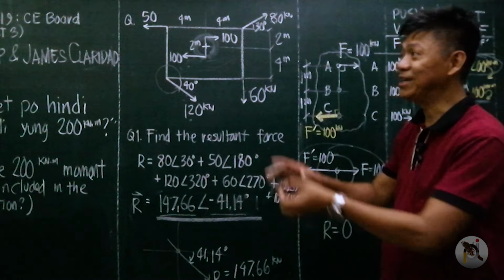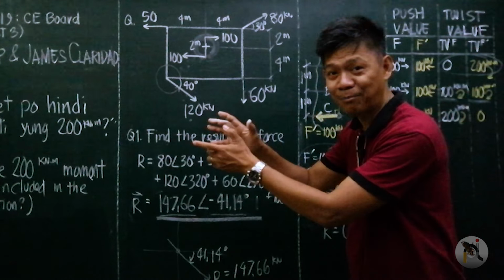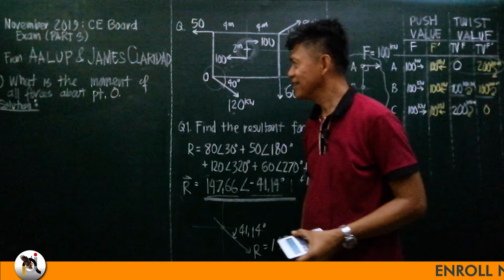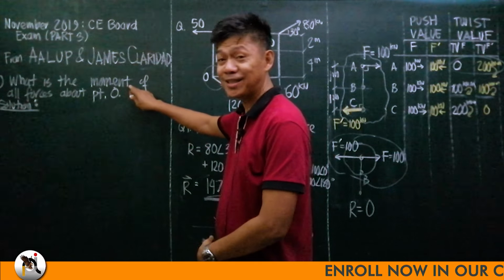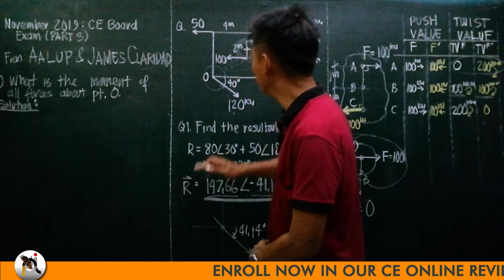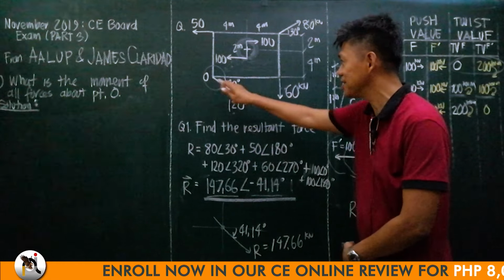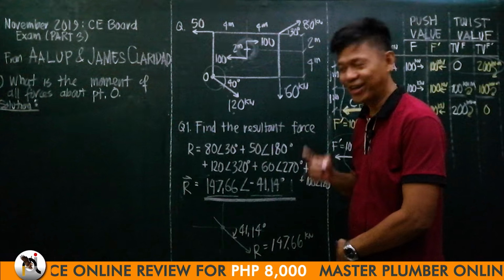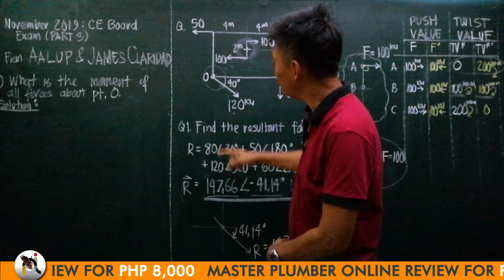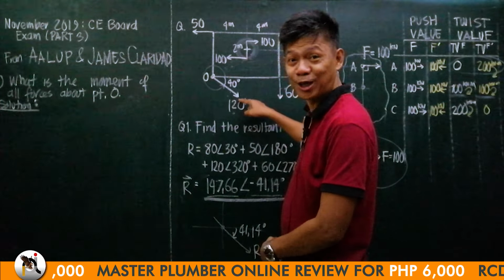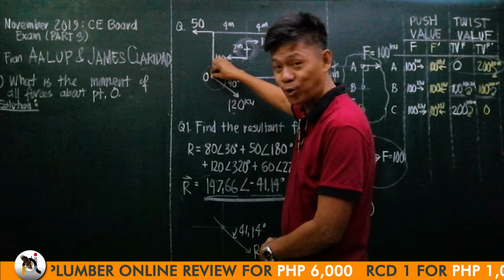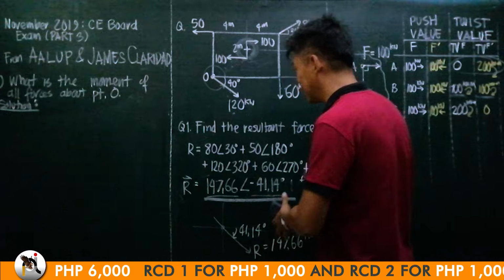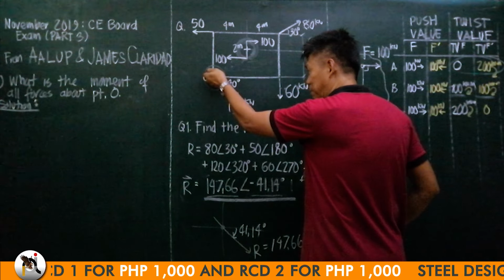Okay? Let me add another problem for clearer understanding. What about this one? What is the moment or the twist value of all these forces about point O? Okay, let's do it. The moment of 120 or the twist value of 120 about O is 0 because it passes through O. Imagine there is a pin at O. You apply 120.